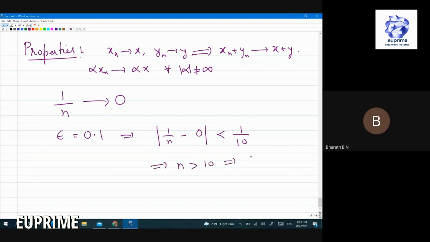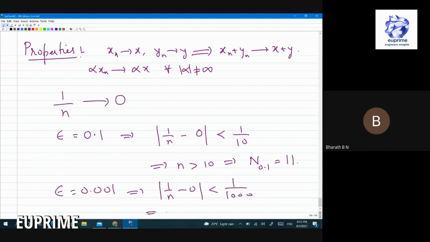So for epsilon 0.1, n epsilon is 11. You take any number beyond 11, 1 by 11, 1 by 12, 1 by 13, 1 by 14, and so on till infinity, right? It will always remain within 0.1 around 0, right? If you take epsilon equal to 0.001, what does that mean? 1 over n minus 0 should be less than 1 by 1000.